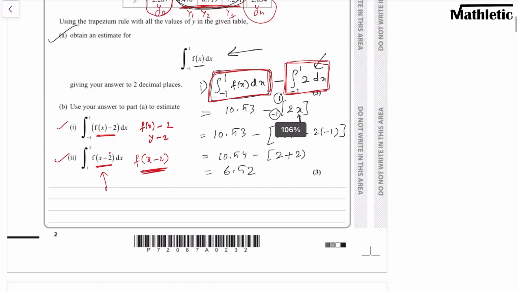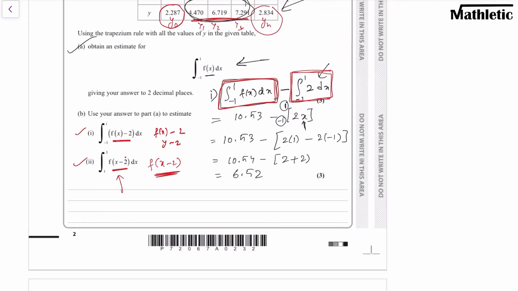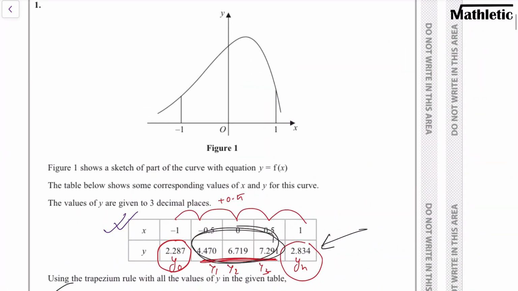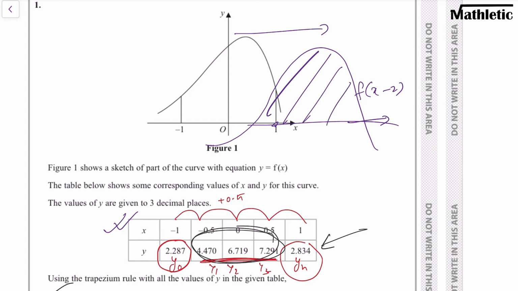But for B2, it will be the same result as A, as in integration of f of x, integration of f of x minus 2, both of them will give us the same result, because changing the x coordinate means the graph will shift 2 units rightward, right? So when you shift this, the curve moves 2 units rightward, but the area under the curve remains the same, right?